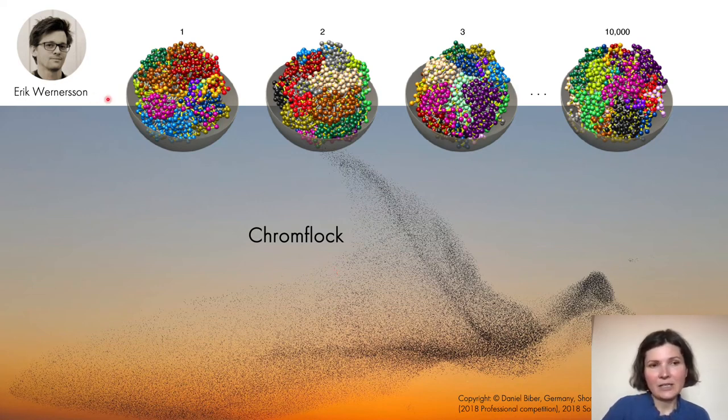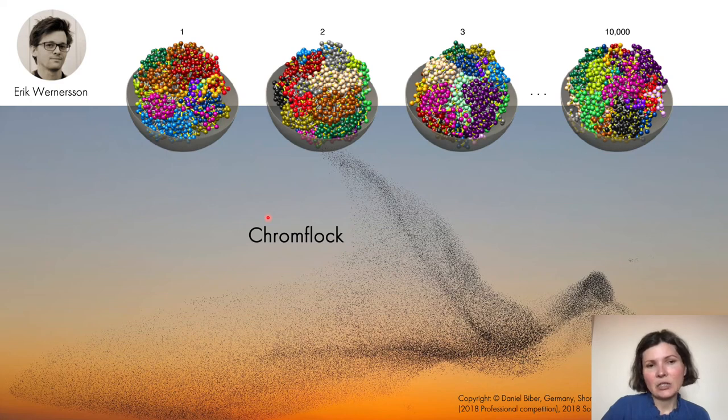And so Erik Wernersson, a senior scientist in my lab, developed an algorithm which he called ChromFlock that combines GPSeq data with Hi-C data. It's based on the PGS software from Frank Alber's lab that uses Hi-C only.